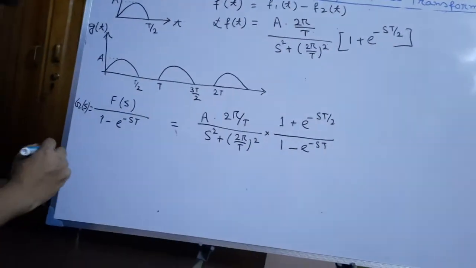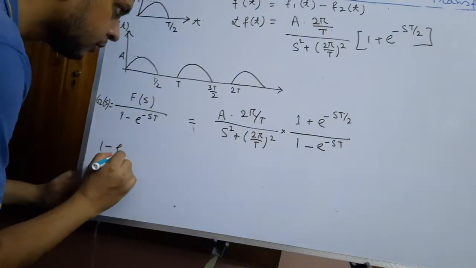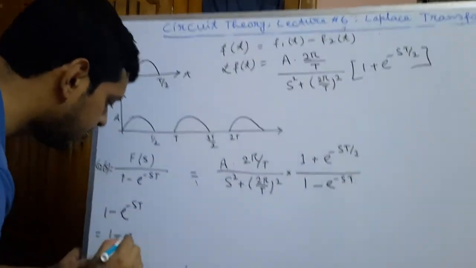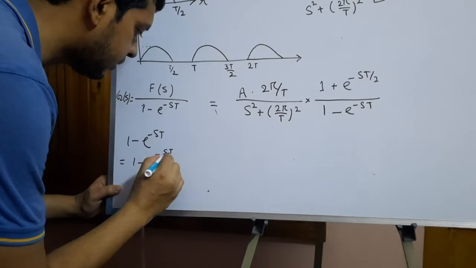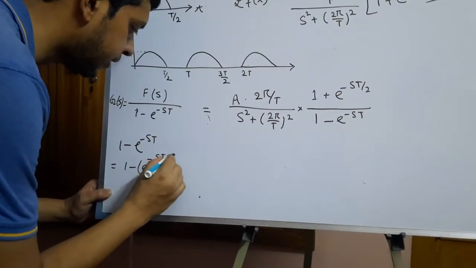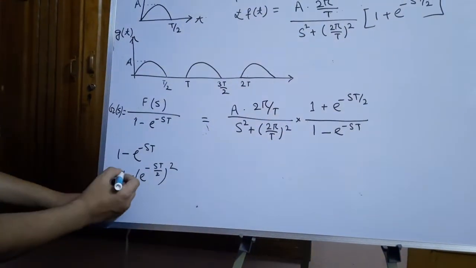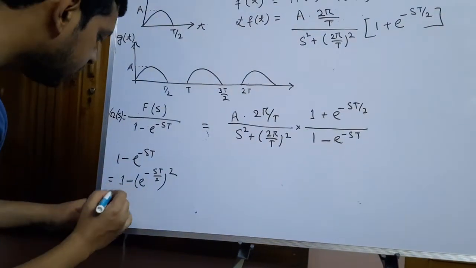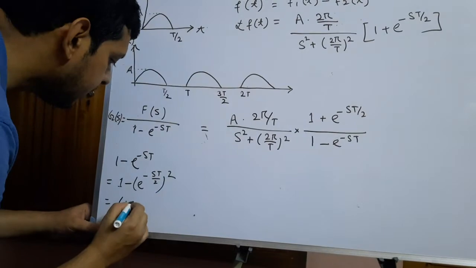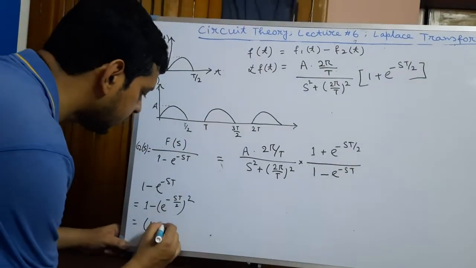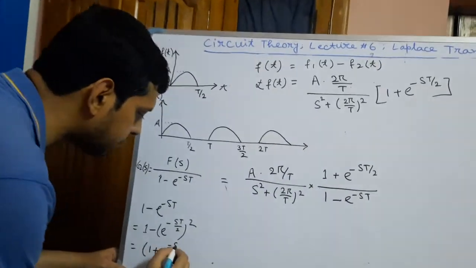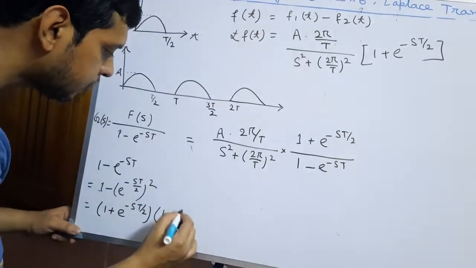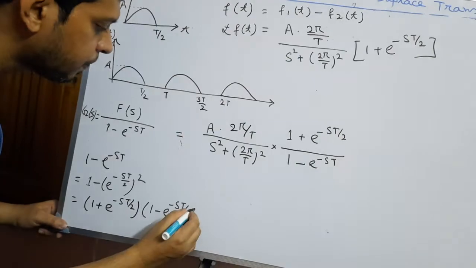Now we can express 1 − e^(−sT) as 1 − (e^(−sT/2))². So this is of the form a² − b², so we can write this as (a + b)(a − b). So this is (1 + e^(−sT/2))(1 − e^(−sT/2)).